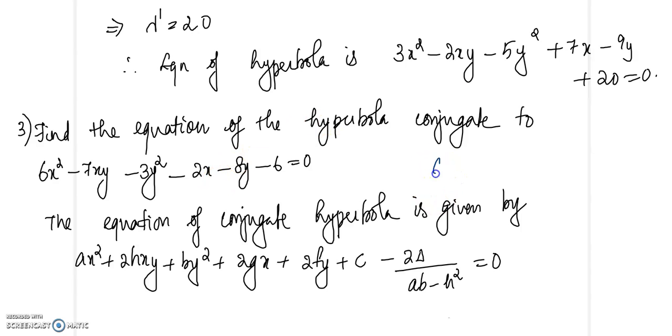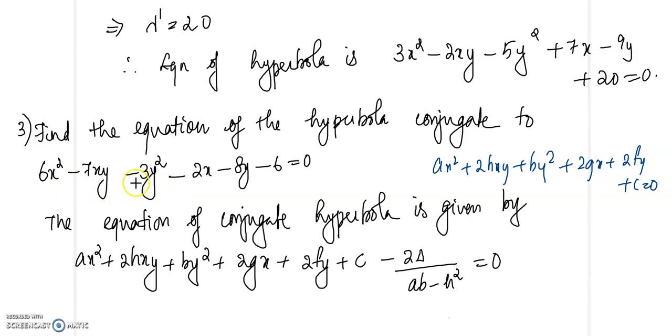Now if you have the hyperbola ax square plus 2hxy plus by square plus 2gx plus 2fy plus c equal to 0, its conjugate hyperbola will be ax square plus 2hxy plus by square plus 2gx plus 2fy plus c minus 2 delta by (ab minus h square) equal to 0.